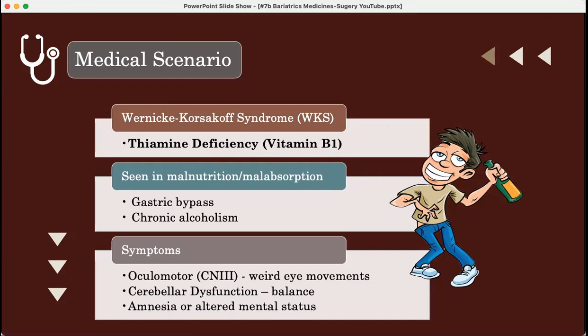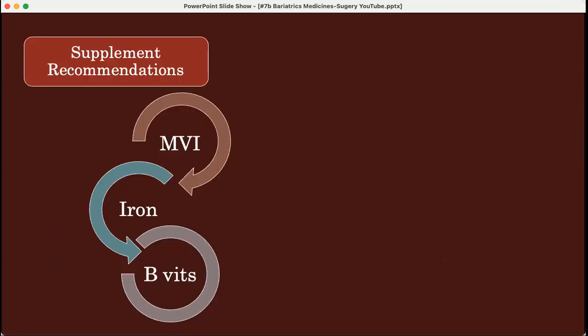So now it's seen more and more with gastric bypass patients as well. And of course, the treatment is to replenish the B vitamins, all of the B vitamins, including thiamine.